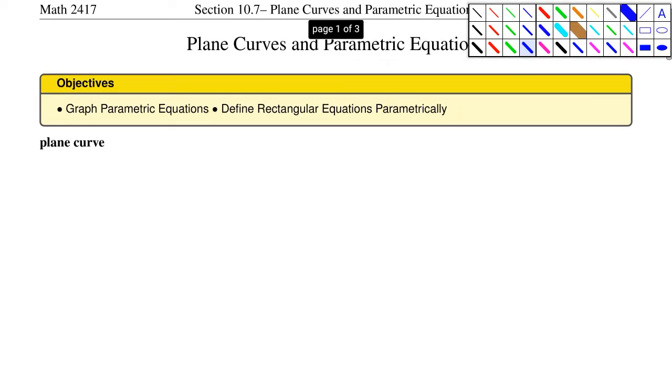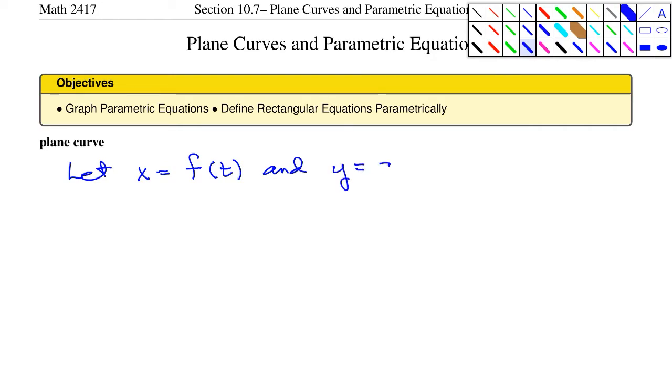Let's go ahead and get some definitions here. Let x equal f of t. So that means that x is given by some function, and y is equal to g of t.